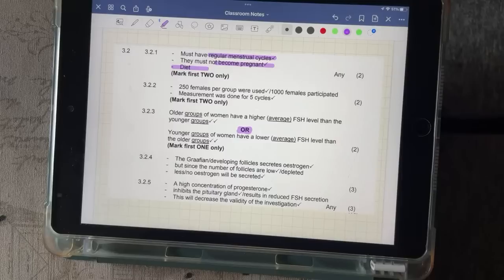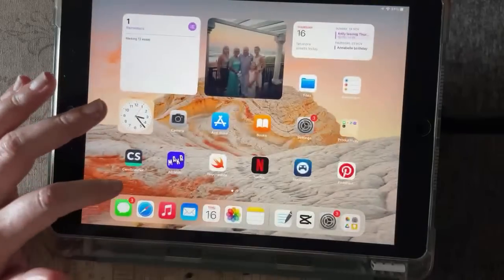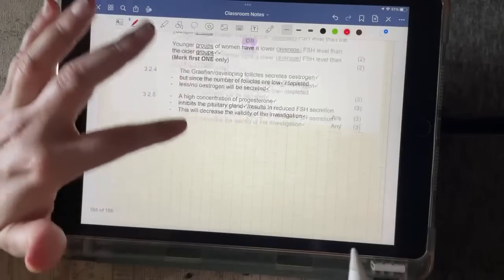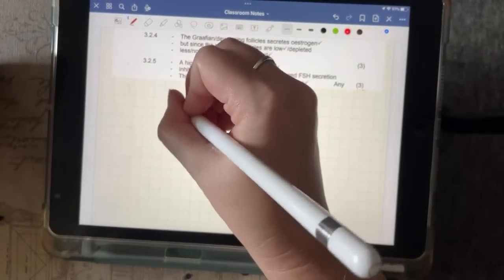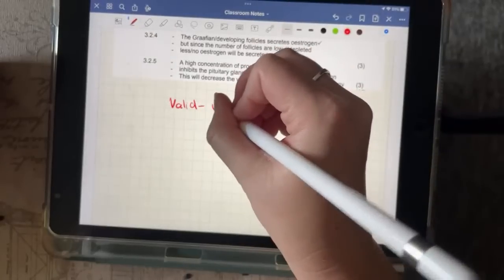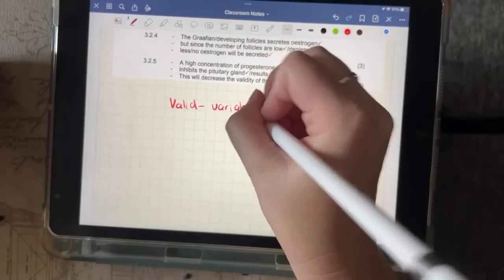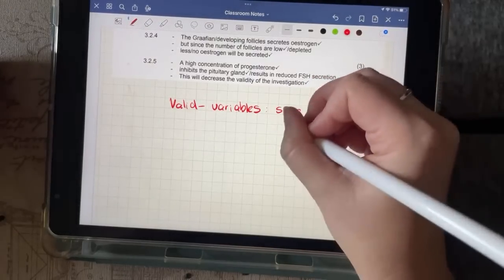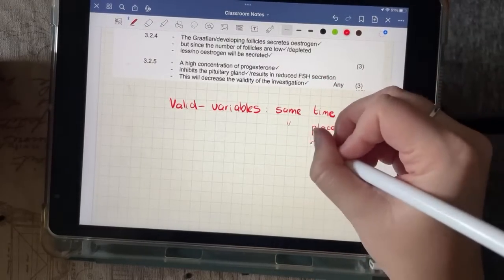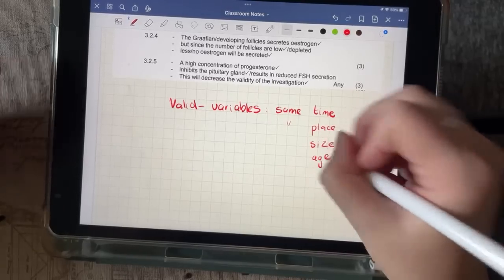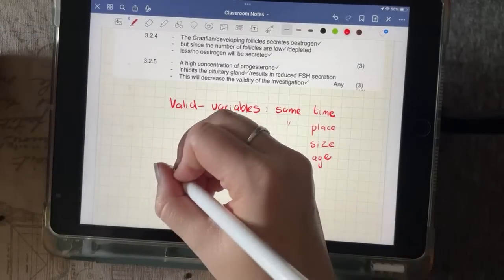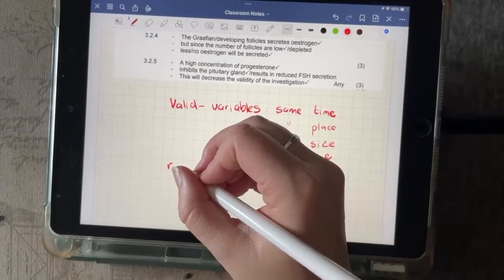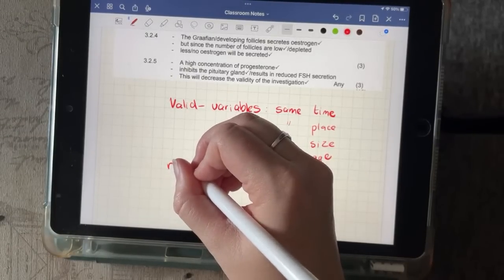Let's see. Clarify between reliability and validity. I can quickly do that for you. So if it's valid, it's about the variables, which means same time, place, size, age, etc. That's validity. And then reliability. When we talk about reliability, we are talking about results.